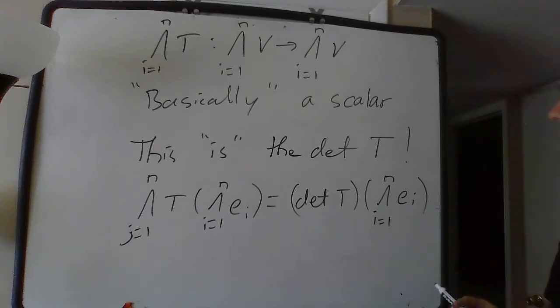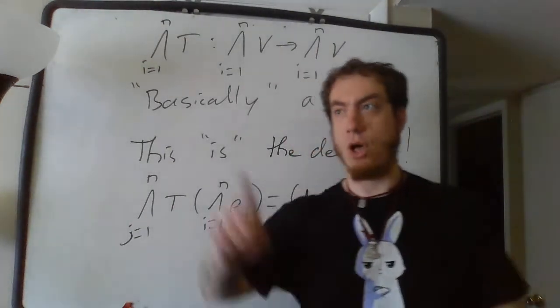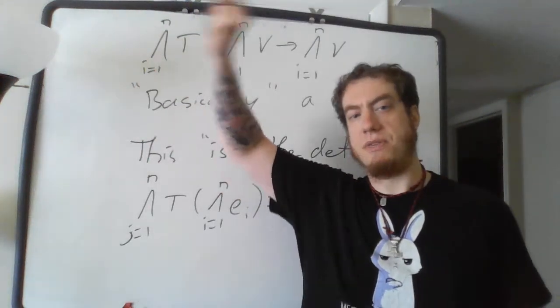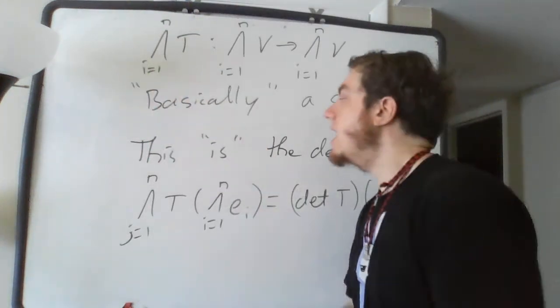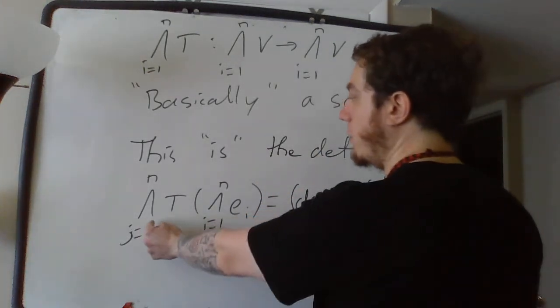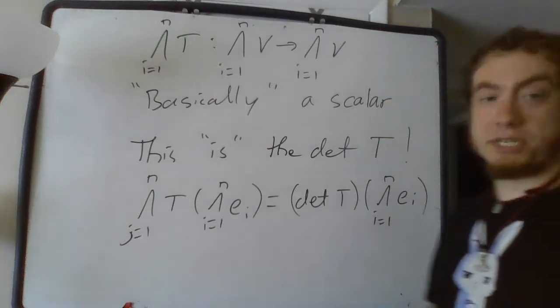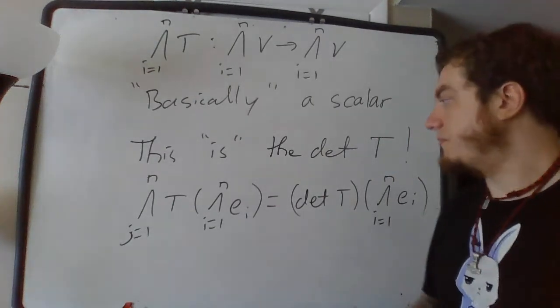Now, how does this relate to the usual definition of determinant that you know, the one that involves calculating things with the minors of the matrix and all that? Well, the way that you get that formula is by calculating what this actually does. So, I'm going to sketch for you where this comes from.